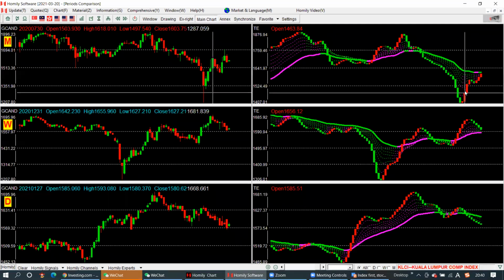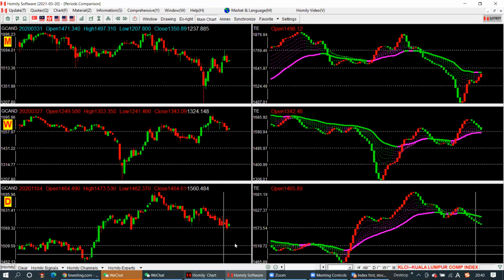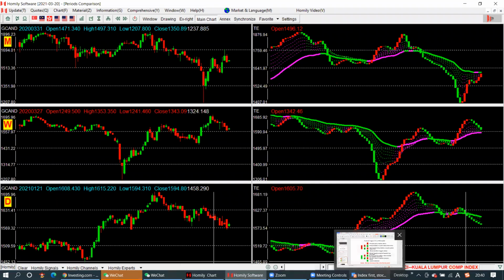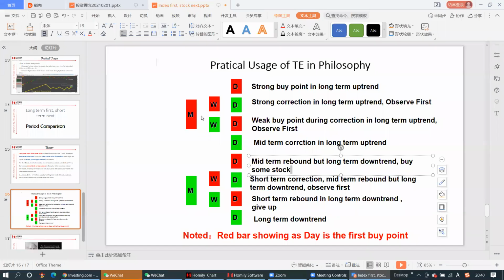So we are going to see our red bar month, right? Mine is red color, but our week and day are green color. So it's a mid-term correction, but it's still going to the uptrend. Don't worry. You can study about it.